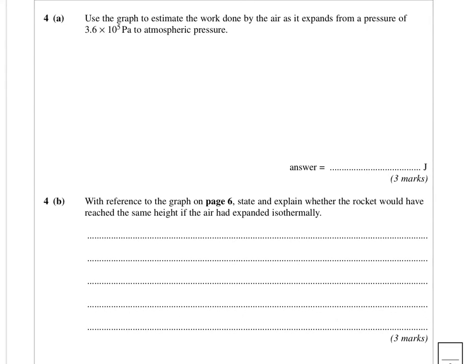So anytime you're looking for a work done, that's going to be the area under the graph. So if we look at the graph, we can actually count the squares for the area under the graph.